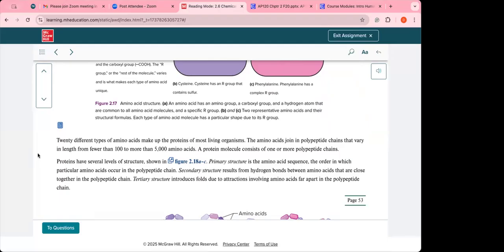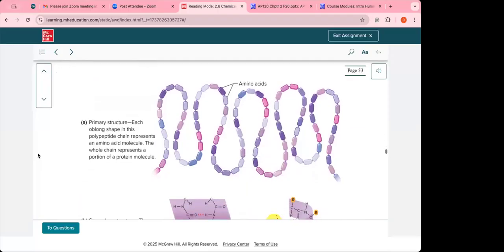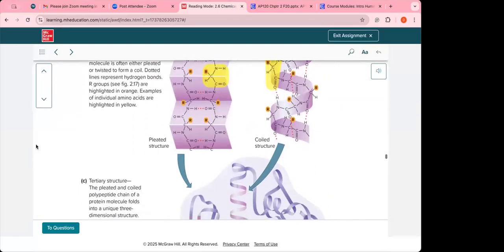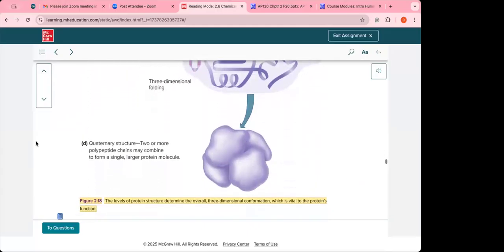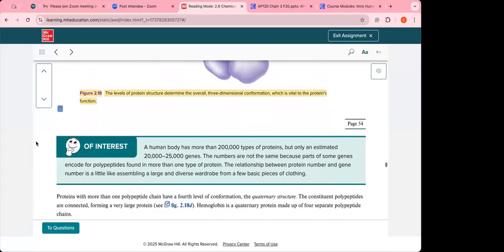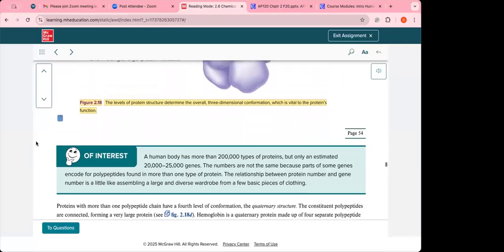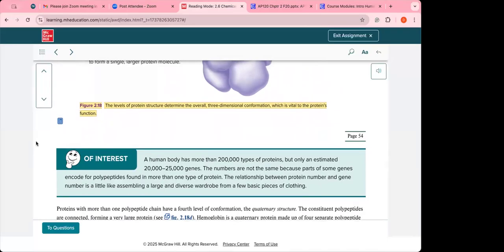What else do they have about proteins? Okay, the structures, tertiary structure, that's not what it's asking us. The levels of protein structure. Okay, so here, the levels of protein structure determine the overall three-dimensional conformation, which is vital to the protein's function.